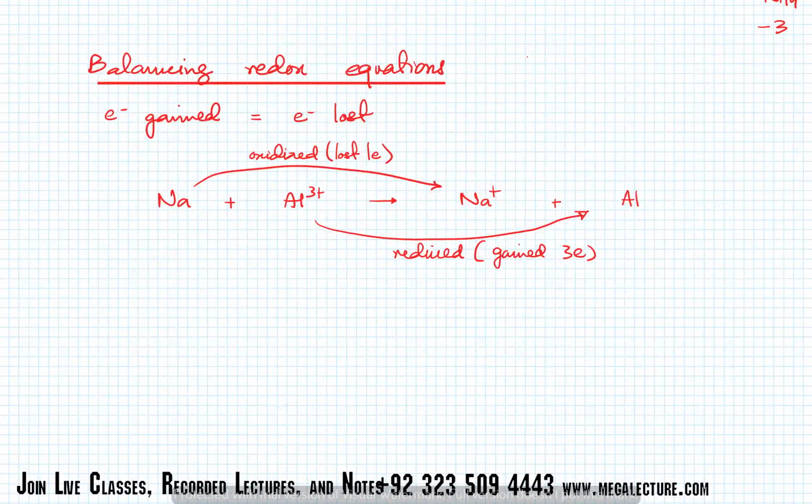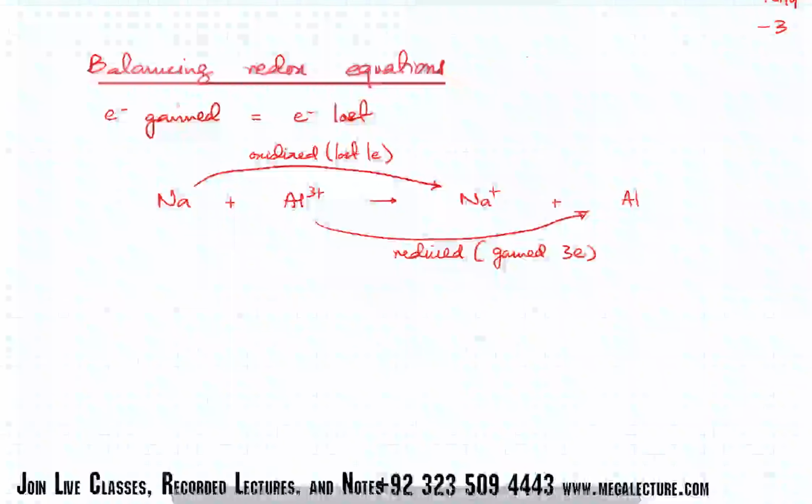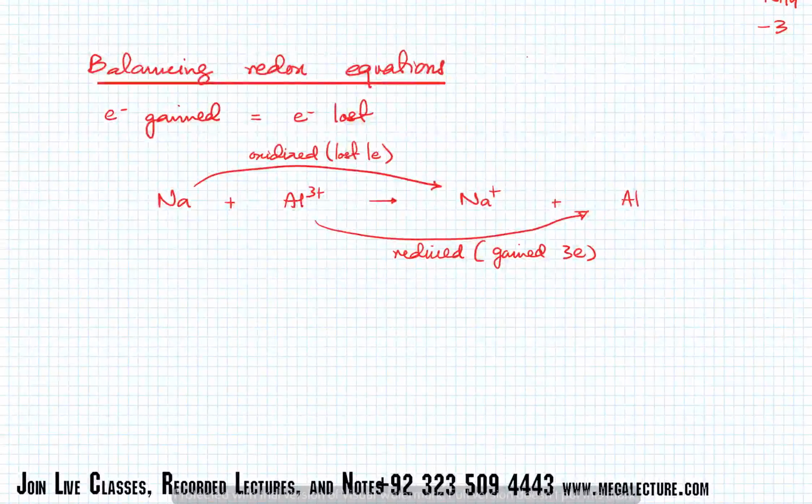Now, one got oxidized, the other one gained 3 electrons, so you just have to multiply Na with 3, so that the electrons gained and lost are equal.